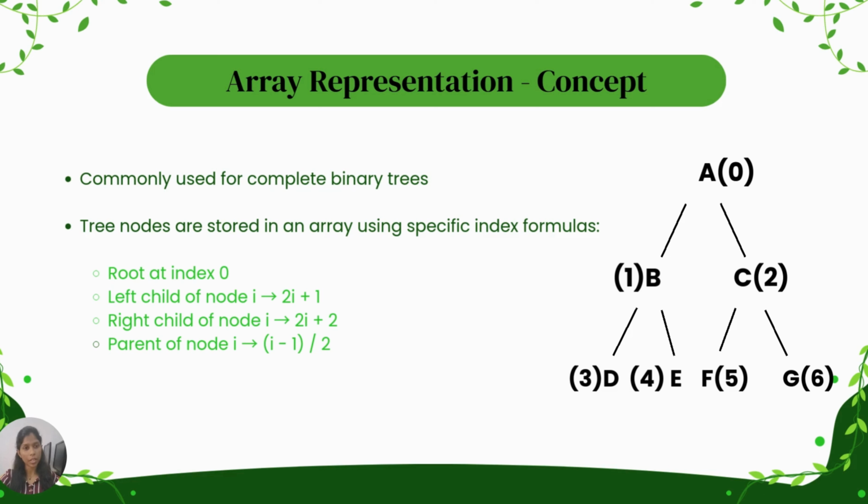Left child of index i is 2i plus 1, right child of index i is 2i plus 2, and parent of index i is (i minus 1) divided by 2. For example, if node A is at index 0, its left child is at index 1, its right child is at index 2, and so on.